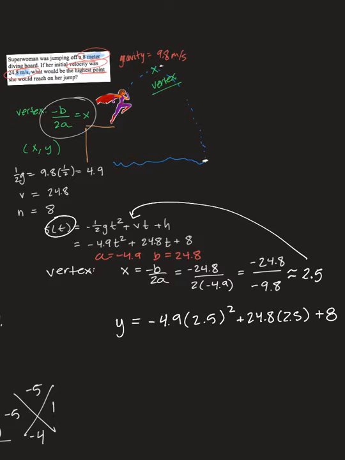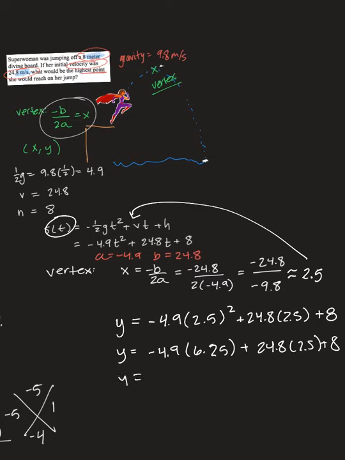Okay, you can pause the video if you want to do all the calculations on your calculator, but when you multiply 2.5 times 2.5 because it's squared, you get 6.25 plus, and I'll just rewrite the rest. Now I'll multiply negative 4.9 and 6.25.